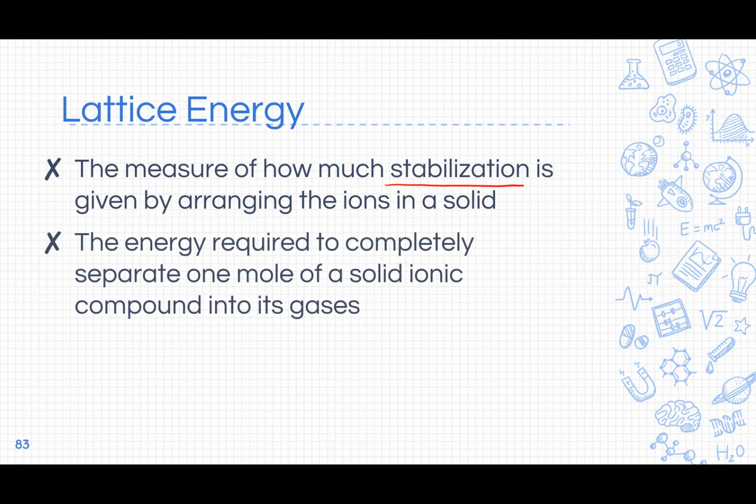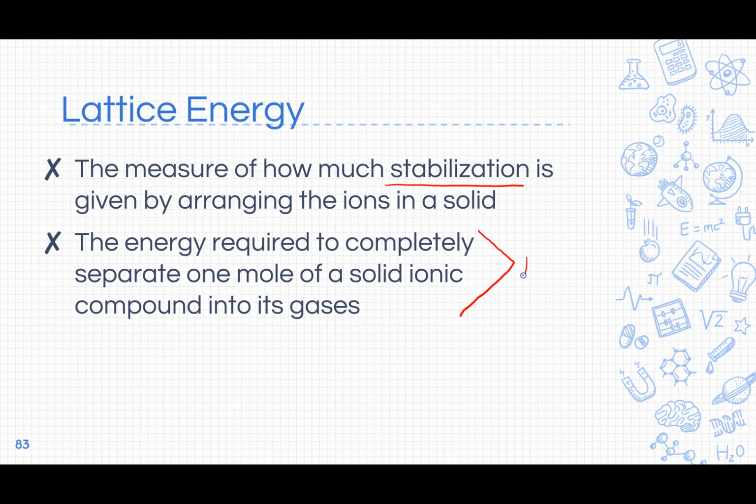So the other way to think about lattice energy is the energy required to completely separate 1 mole of a solid ionic compound into its gaseous ions. So while lattice energy is the measure of how much stabilization is given, experimentally, the way they determine the lattice energy is they figure out how much energy is required to separate 1 mole of the compound into its elements.